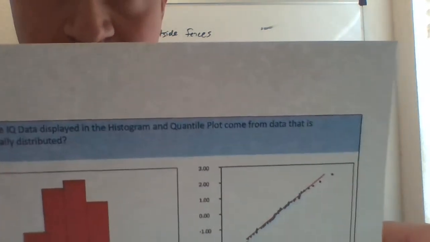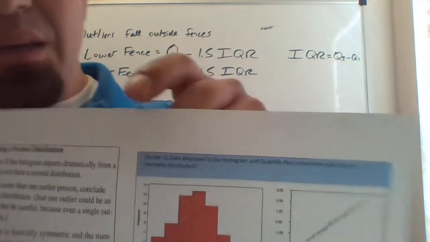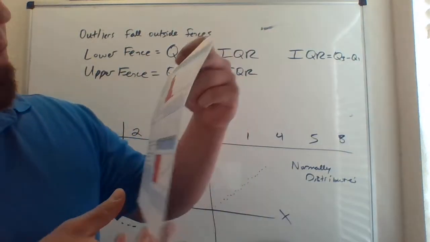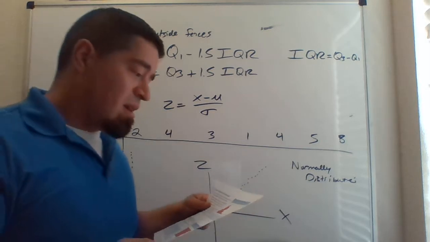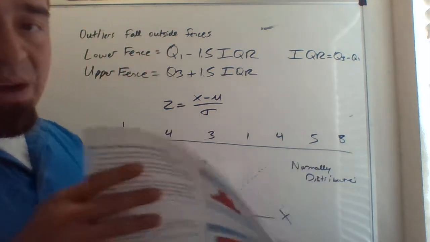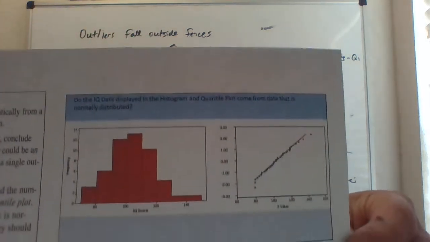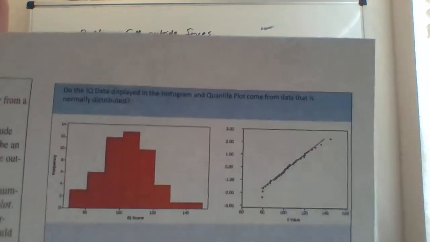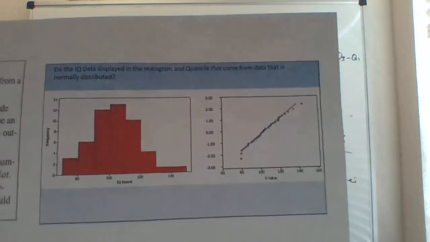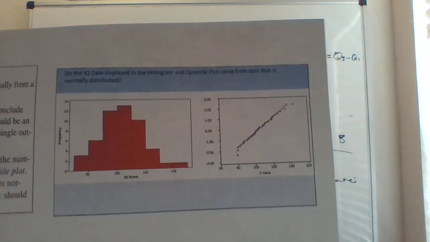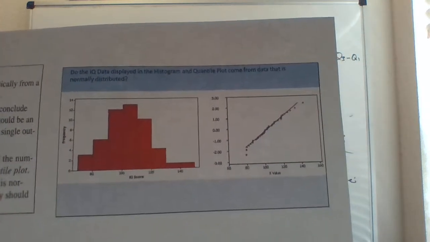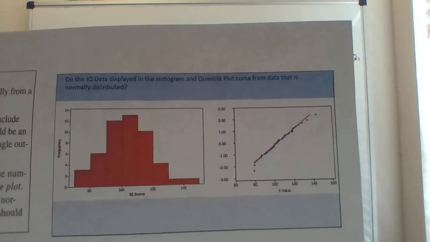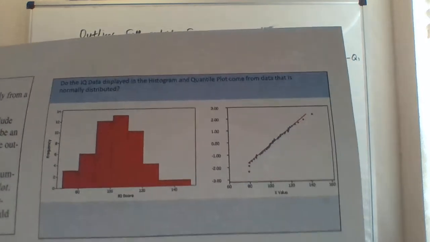On this picture, you'll see a distribution of original data, in this case IQ scores, and right next to it is the plot of all those IQ scores as compared with their z-scores. So they plotted all that. Now that quantile plot looks roughly linear. So therefore, that's further evidence.